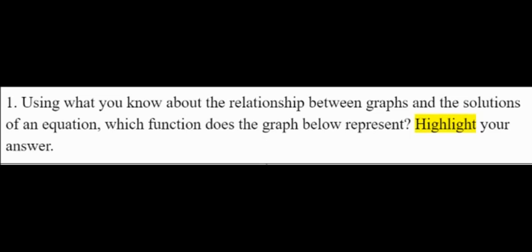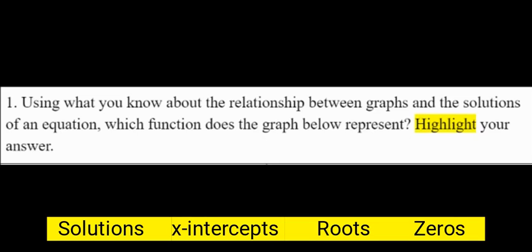And number one says, using what you know about the relationship between graphs and the solutions of an equation, which function does the graph below represent? Highlight your answer. Now remember those four words. We had solutions, we have x-intercepts, we have roots, and we have zeros. Those are all the words that mean the same thing.